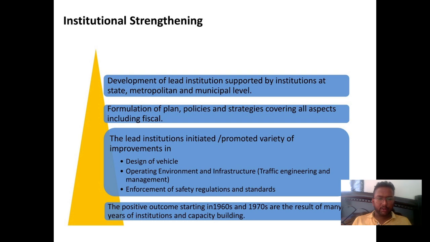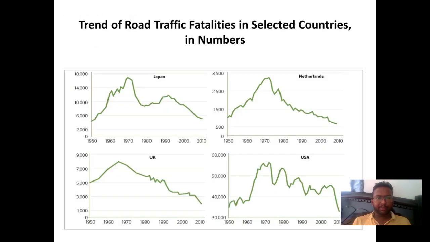The lead institutions initiated or promoted a variety of improvements in design of vehicles, operating environment and infrastructure, traffic engineering and management, and enforcement of safety regulations and standards. The positive outcomes starting from 1960 and 1970 are the results of many years of institution and capacity building.